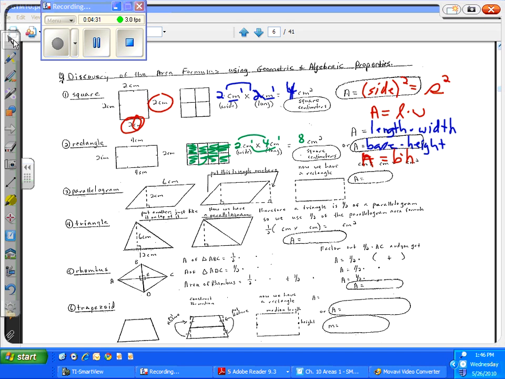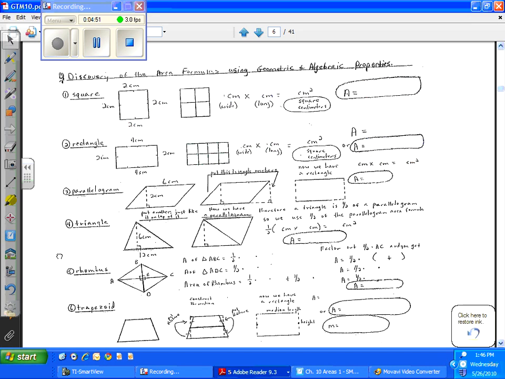Okay? So we begin with the area of a rectangle, which is length times width, or base times height. And we say, well, a square is a rectangle, so the area of it is base times height. But since the base and the height are the same, then we can use the formula side squared.